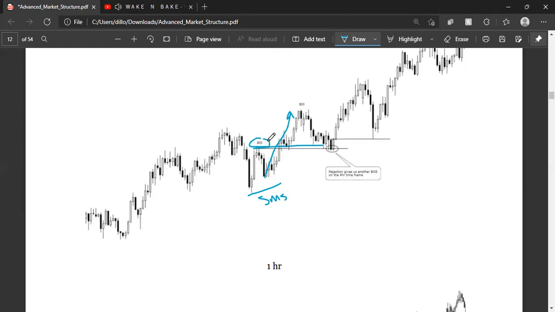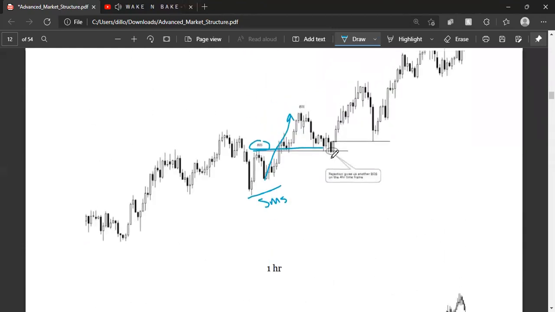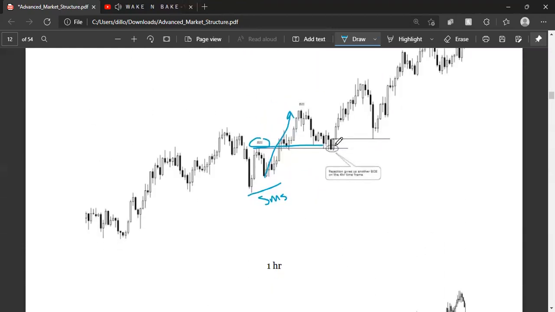We get initial rejection right here, but let's say we missed this entry and we saw another break of structure to the upside. We get a new higher high, because this high is higher than the previous high.